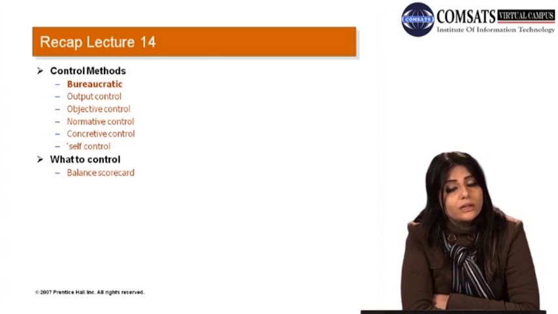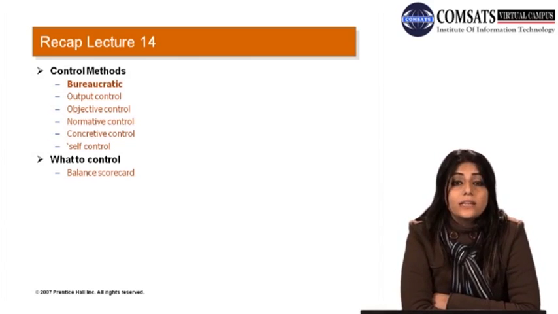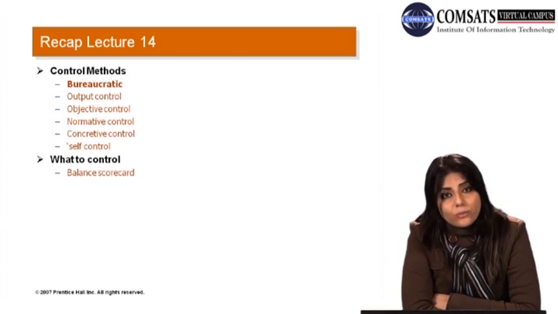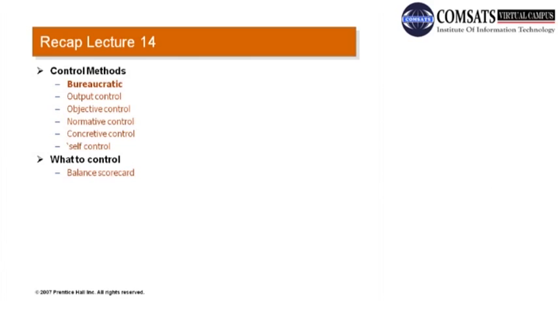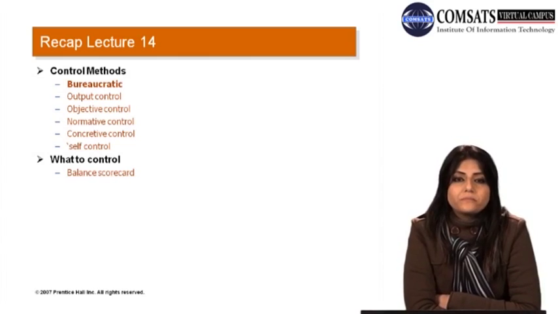The balanced scorecard considers the satisfaction of the employees as well, whether your employees are satisfied or not, how they are performing, right? If they are satisfied with the organization, if they internalize the objectives of the organization, they will be more committed to the organization and they will perform better.